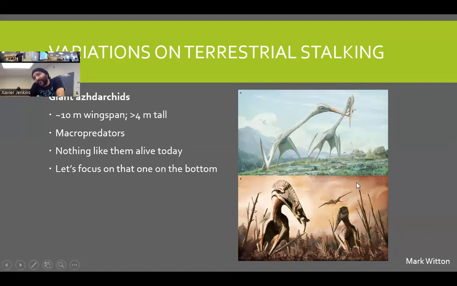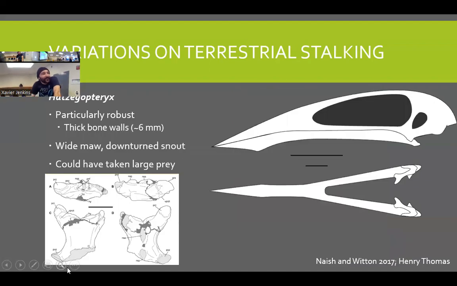I'd also like to focus on this one, Hatzegopteryx. So if you may remember, Hatzegopteryx had the really chunky, robust neck vertebrae, a shorter, stronger neck. We only have a few fragments of its skull, but these hint at a sort of wide maw, this weird downturned snout with this chin, basically a ventral extension of the mandible that possibly helped strengthen it.